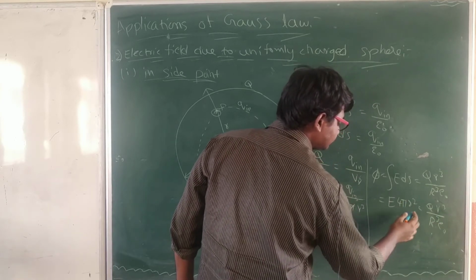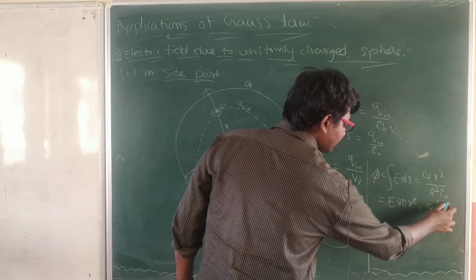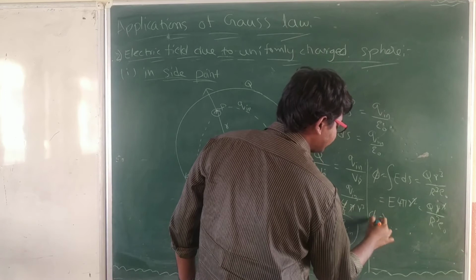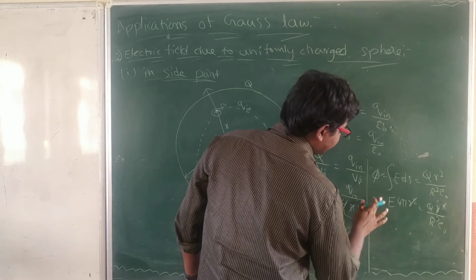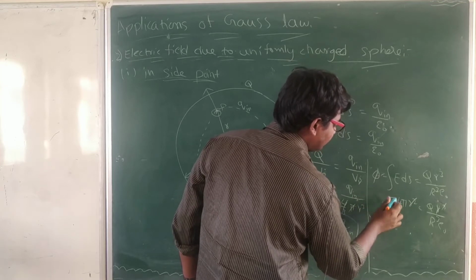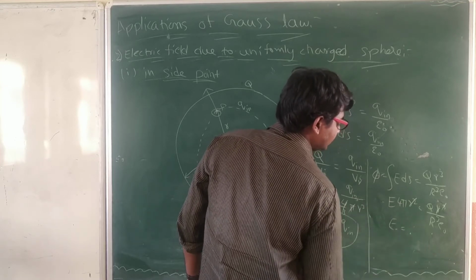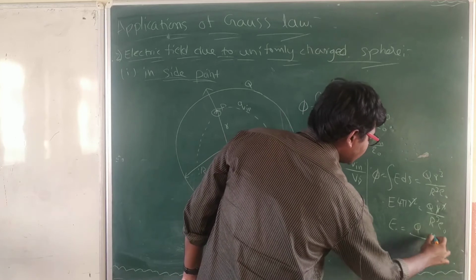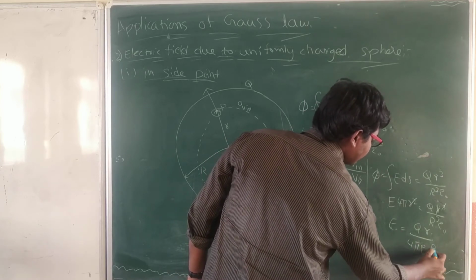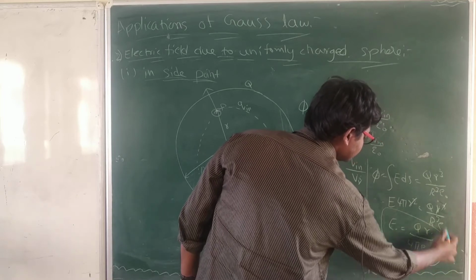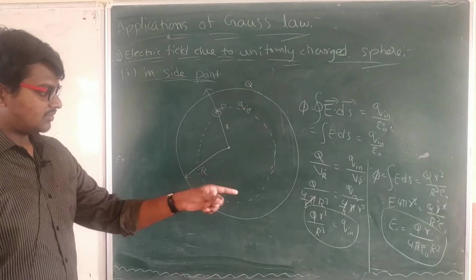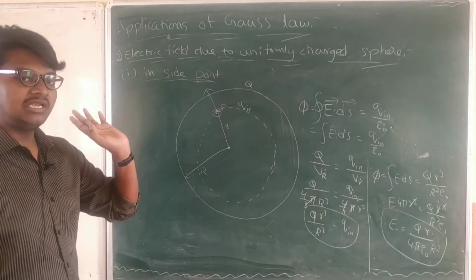So E times 4 pi r square equals Q small r cube divided by capital R cube epsilon naught. The r square cancels, and we need the value of E simply. E is equal to Q r by 4 pi epsilon naught capital R cube.